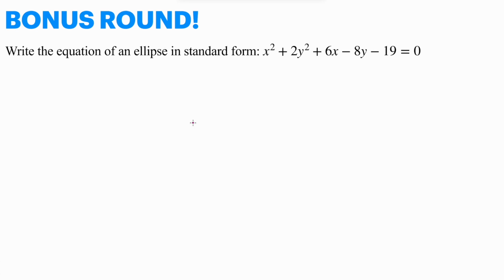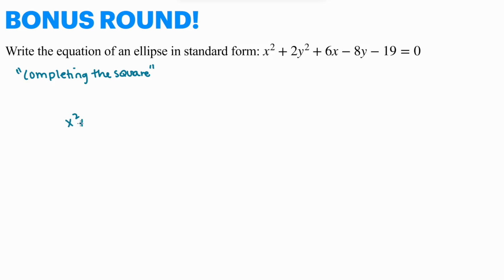So bonus round. What we're asking is to write an equation in standard form. In order to do this by hand, you're going to have to know something called completing the square. So here's what I'm going to do.